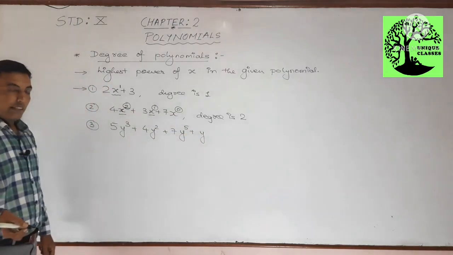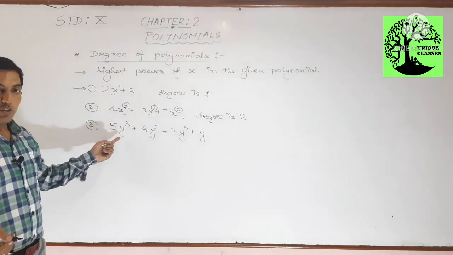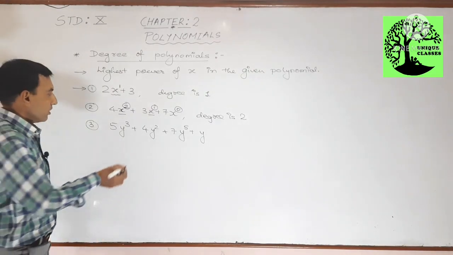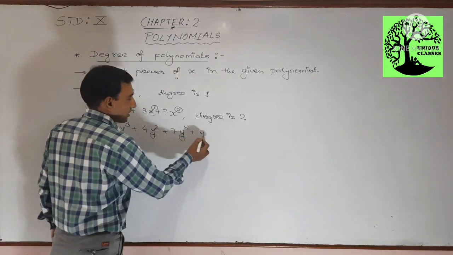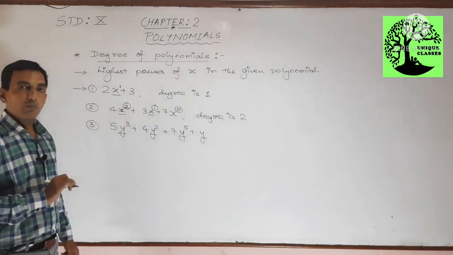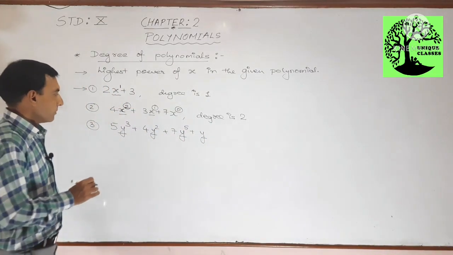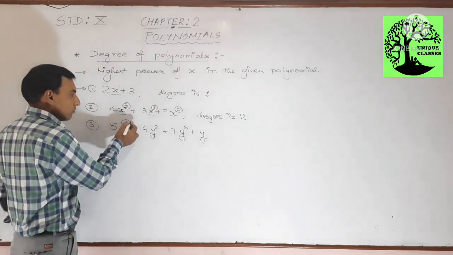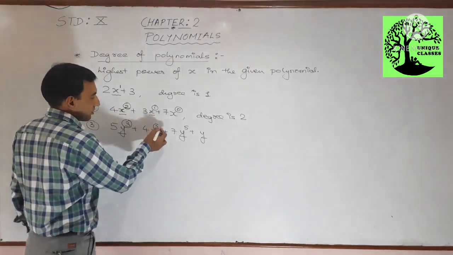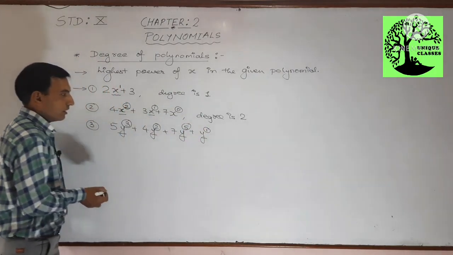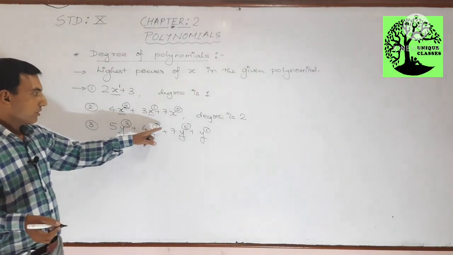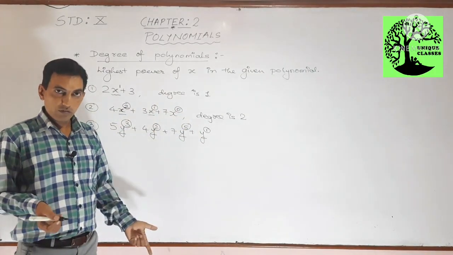Okay. In this example, first you have to find out the variable. So, I can find here, y is the variable, these are the variables. In each term I found the variable first, then their powers. I encircle the powers, here by default 1 is there. Now, among the powers, which is the highest one?